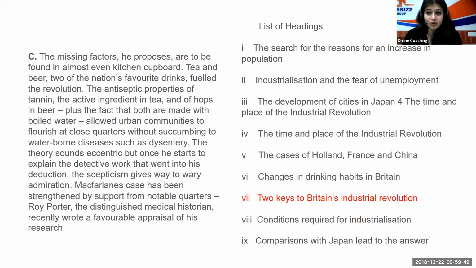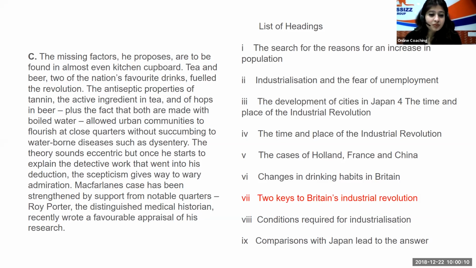So far we've learned these things: one, we always go for the broader answer. Second, we read the first two lines and last two lines and try figuring out. Third, we go for paraphrasing. Fourth, we go for the process of elimination. Now, what is the process of elimination and how can it work?